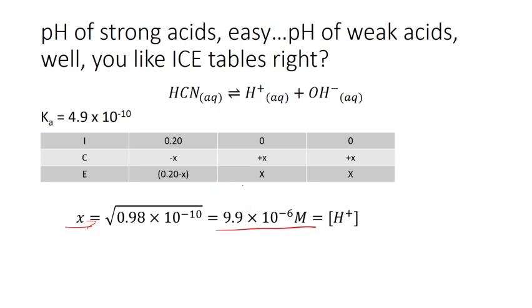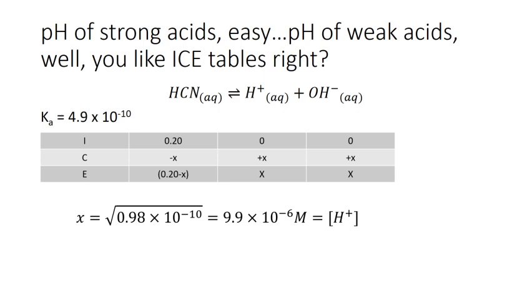Now that's x, which is both the value here and here. And if you did subtract 9.9 times 10 to the negative 6 from 0.2, you would see that this number, while it'll be like 0.199999 something, is going to round up to 0.2. This is essentially going to be unchanged, and so we can make that assumption.